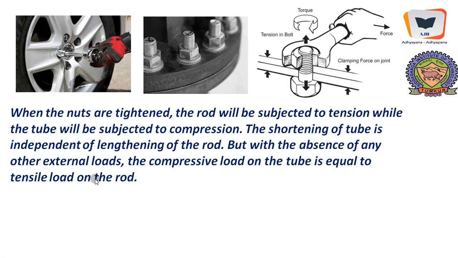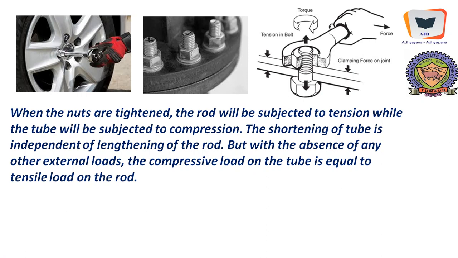But in the absence of any other external loads, the compressive load on the tube is equal to the tensile load on the rod. So when we impose the change in the dimensions by external rotation or some kind of a force or moment, it is the deformation that gets shared.